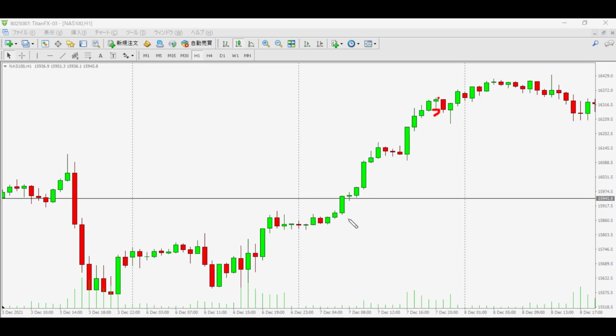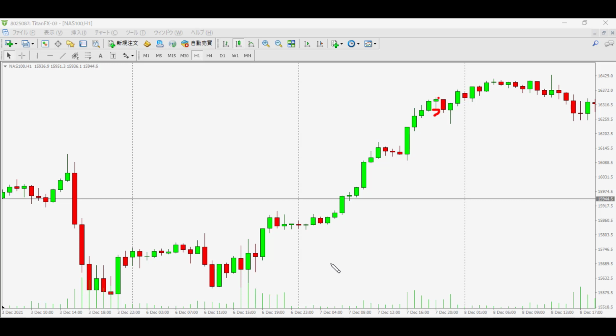So in conclusion for this video, in the Asian session, if the close price on the 1 hour chart is an outside close of the previous day high, then put a sell stop order at the previous day high, and put a buy stop order at the previous day low.